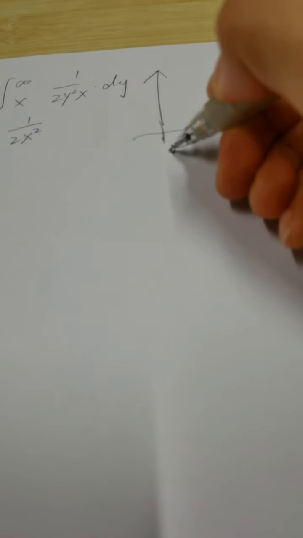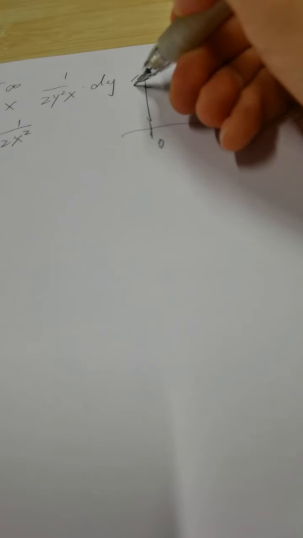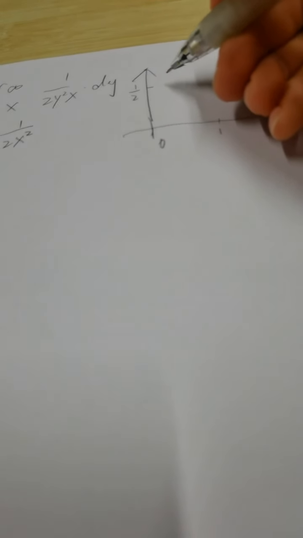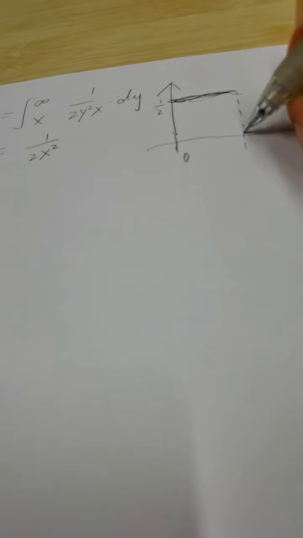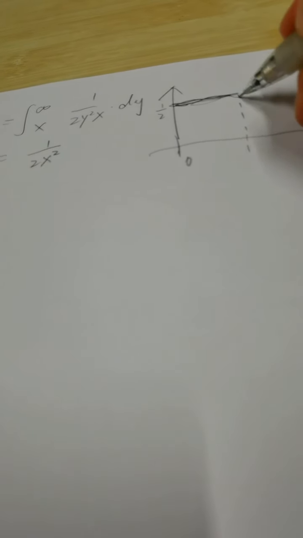There are separate parts. First from 0 to 1, which is 1 divided by 2. We already calculated that, which is a straight line to the 1, and the other part which is 1 over 2x squared, so it's like this, x versus fx. So this is the first part.